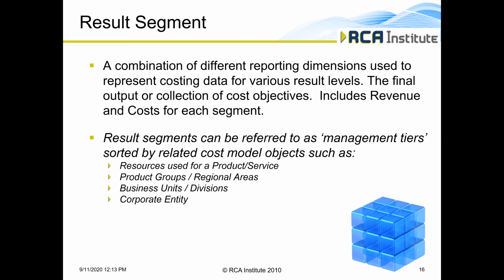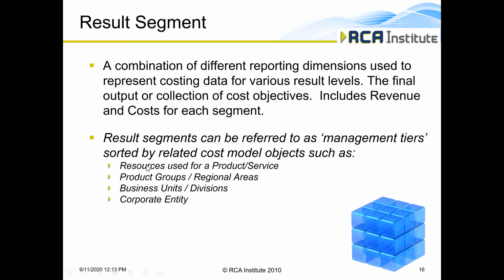Now, a results segment is typically referred to in its management tiers. So you may have a results segment for a single product or service. You may have product groups or regional areas. You may have entire business units and corporate entities. And you may have all of these as results segments, and different kinds of costs and resources may be used for each of these.